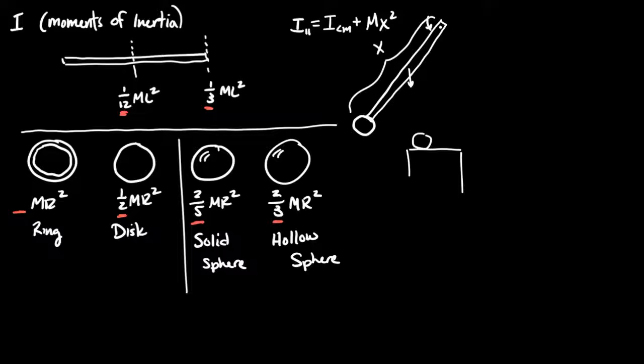Now, without any math and without being able to see the numbers, in your mind, you should imagine which one has more of the mass located close to the center. The more the mass is located close to the center, the easier it is to turn. Remember, moment of inertia is about how difficult it is to turn the object.